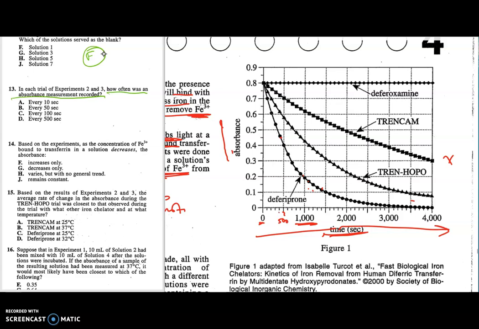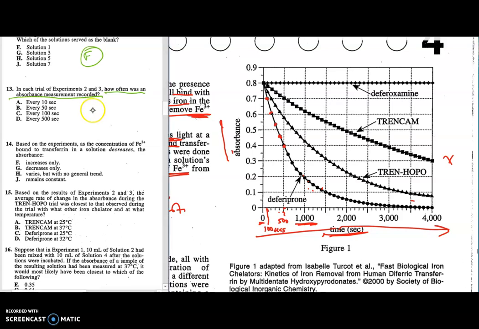So each little line here represents 100 seconds. Up here we have 1, 2, 3, 4, 5 measurements within the 500 seconds. So it's 1 every 100 seconds, and that would be C.